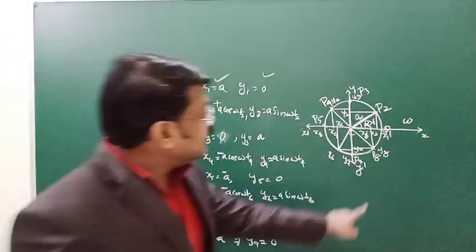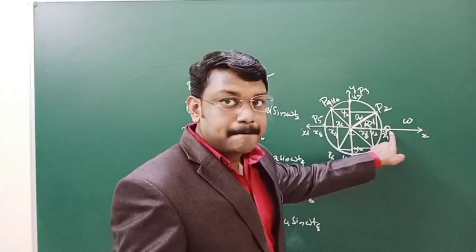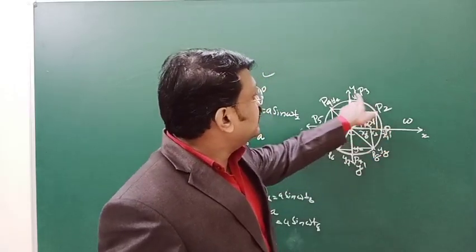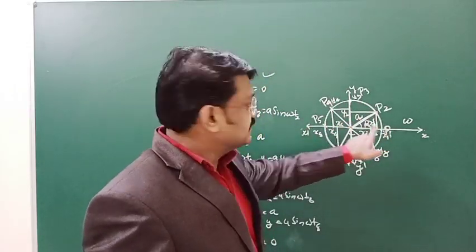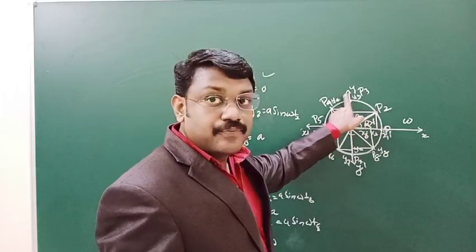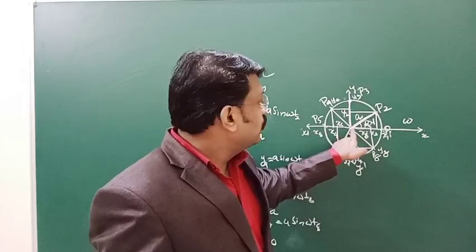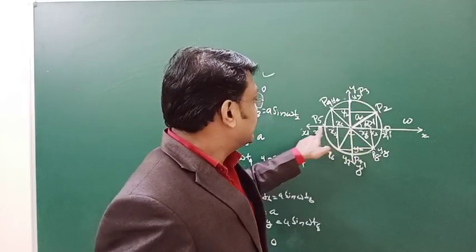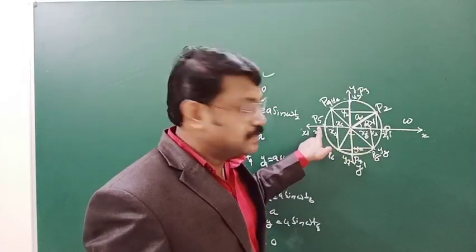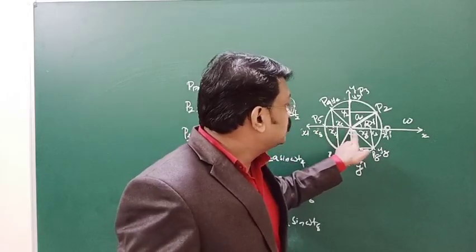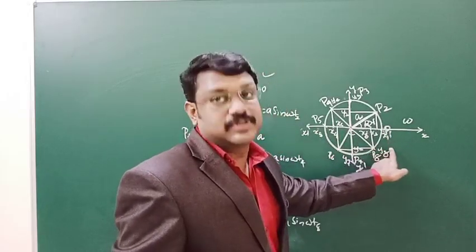You can see that initially x is maximum. As the particle moves in the anti-clockwise direction, as it makes 90 degrees, the x coordinate will become 0. Then it grows in the negative direction to the maximum, again comes back to the origin and grows to the positive maximum.